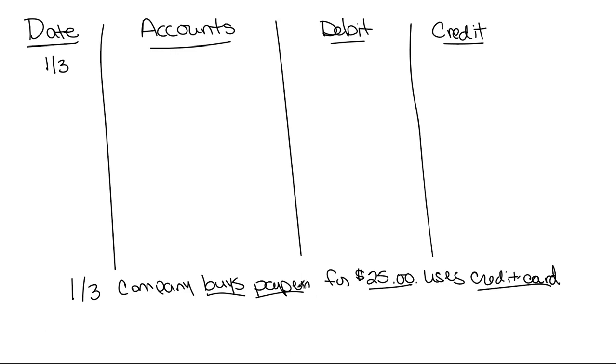When you learned the accounting equation, it always has to stay in balance. And in journal entries, we have these things called debits and credits. A debit you can think of as the left side, and a credit is the right side.